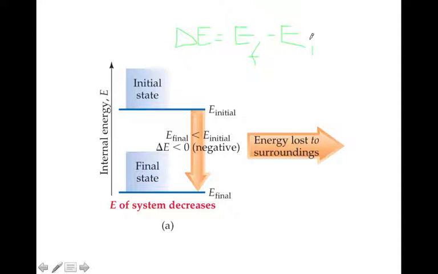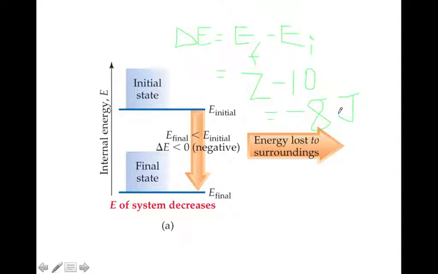What this is telling you is that this number is a lot bigger than this number. So let's say, for example, the initial is 10, and your final energy is 2. If you subtract this out, your answer is going to be -8. And this should all be in joules, by the way.